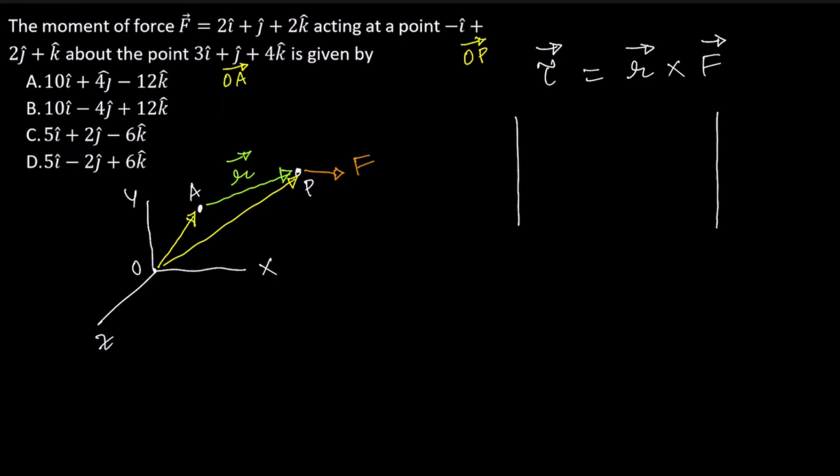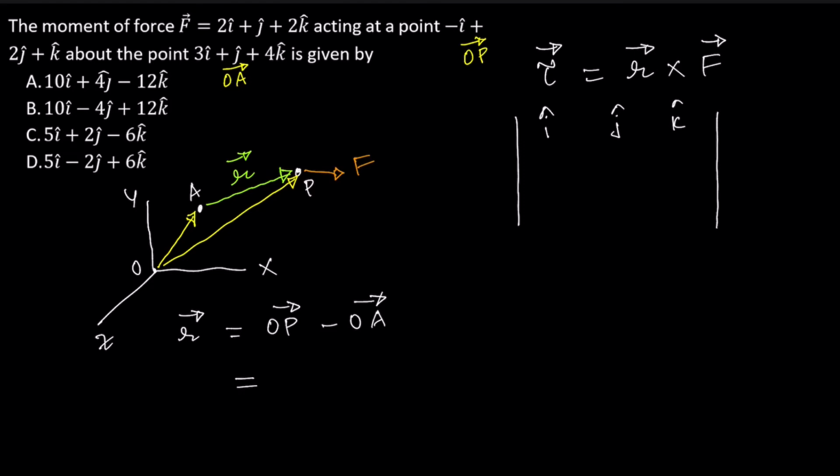In the first row you can just place the unit vectors for each direction, i, j, k, and in the second row we are placing components of the position vector, r vector. So what is r vector here? R vector is clearly OP minus OA vector, because if you add OA to R, you are getting OP. So R vector is OP minus OA.